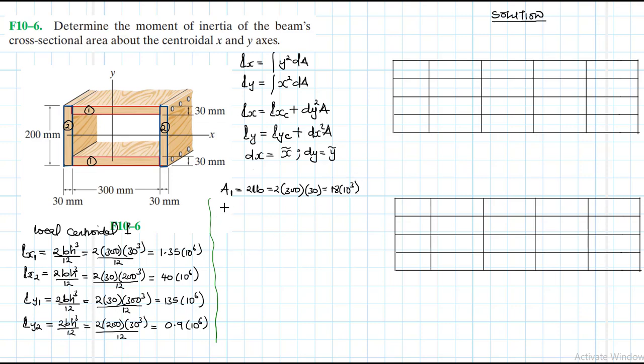And then area 2, there are 2 of them, they're similar, so 2 times L times b, which is equal to 2 times 30 times 200. So this gives us 12 times 10 to the power 3.